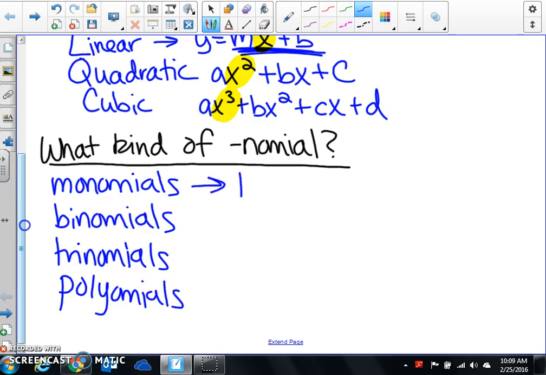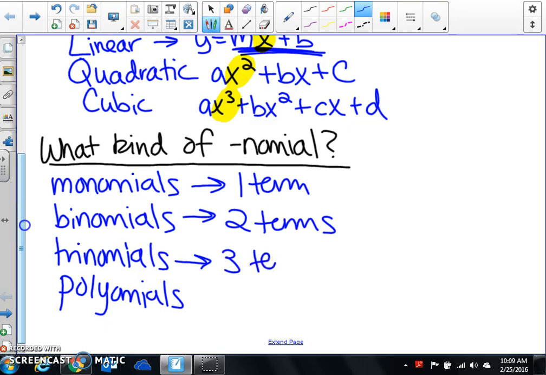So monomial is 1 term, bi is 2 terms, tri is 3 terms, and then after that, it's 4 and up terms. You can also just say, look at this polynomial, and it could be a binomial or trinomial or monomial. Polynomial just kind of umbrellas everything. Okay, so those are just basics.